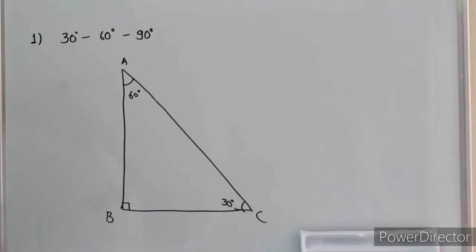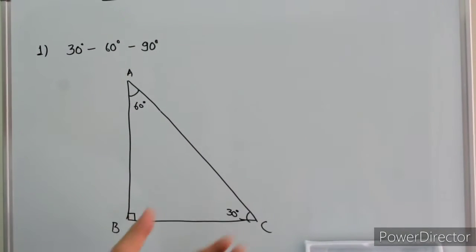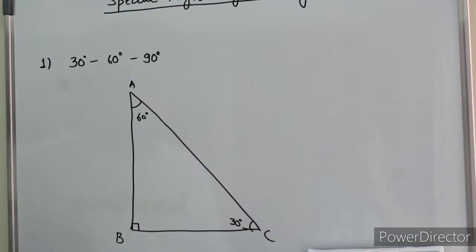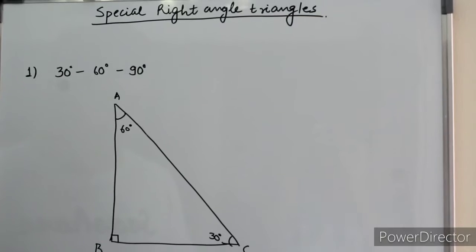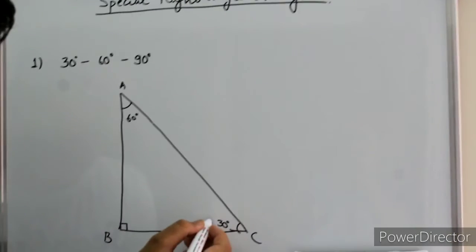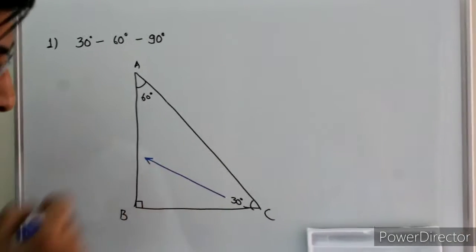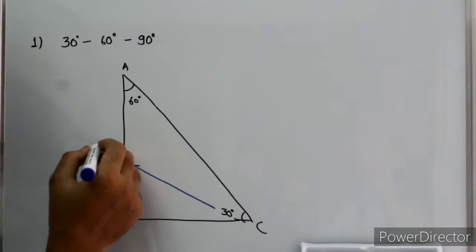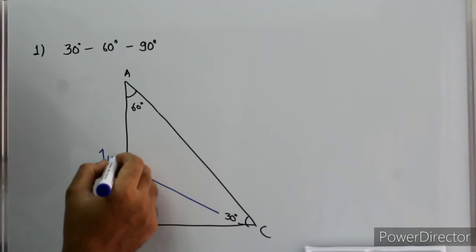All these sides are related with each other. They are in a ratio. So let's say the side opposite to angle 30, you can see this side, the side opposite to angle 30 degree is, let's say, 1 unit.